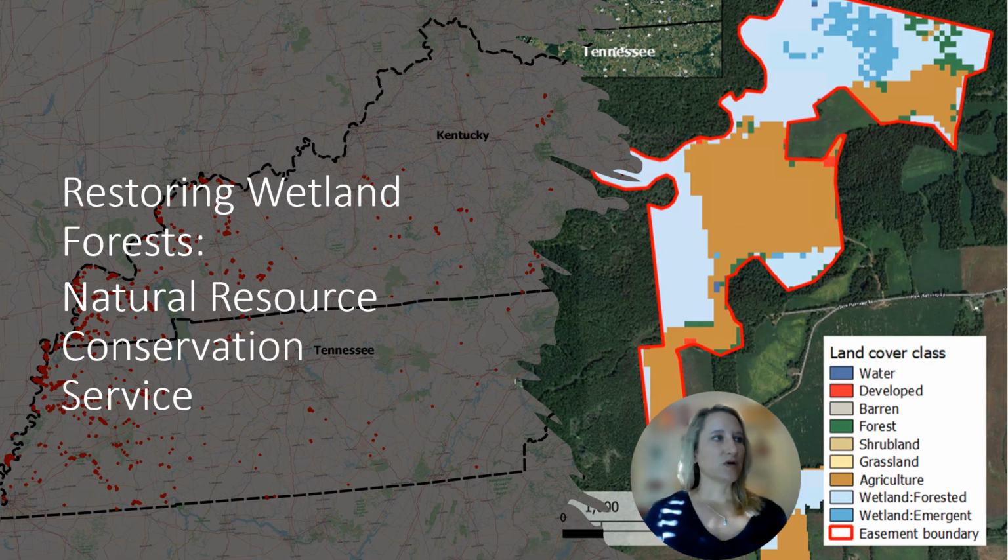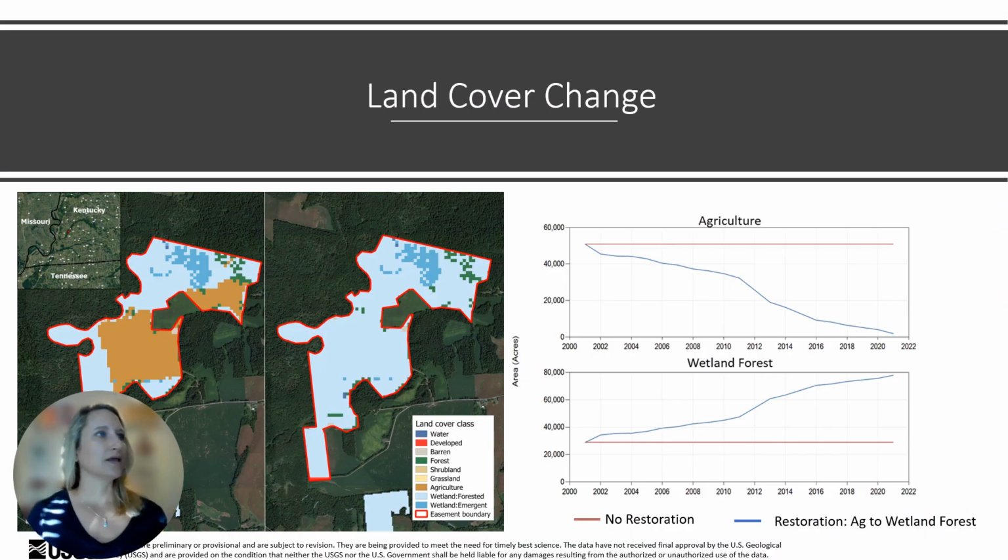So the first example is with the NRCS, as I mentioned, where the primary goal is to convert agricultural land or cropland to wetland forests. And we had 648 easements that we did this for across Kentucky and Tennessee.